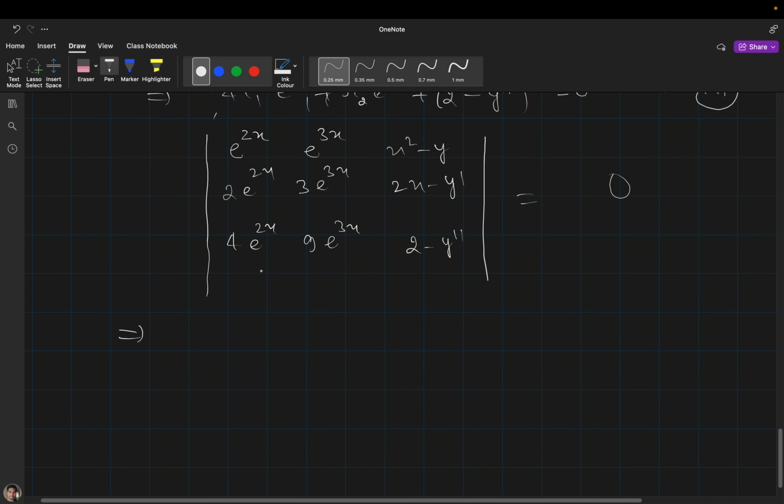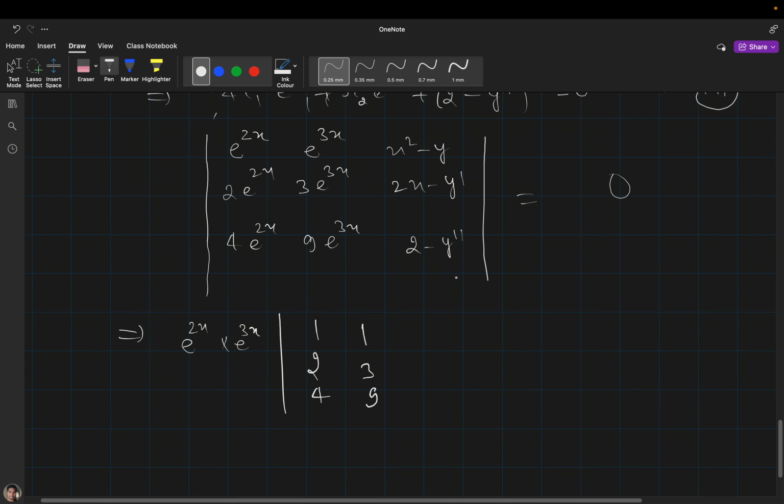You can see that this whole column has e raised to the power 2x, so you can take it outside from the property of determinants, which I have already taught you. The second column has e raised to the power 3x, so you can also take this as common. The remaining will be 1, 2, 4 and 1, 3, 9.